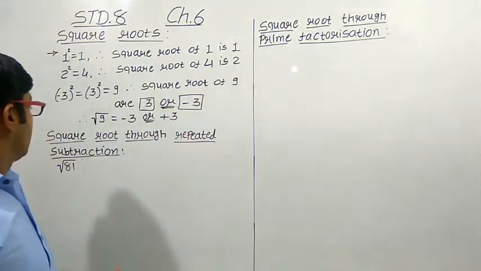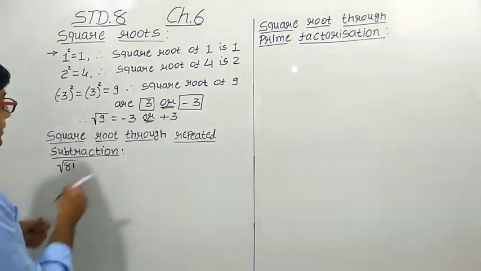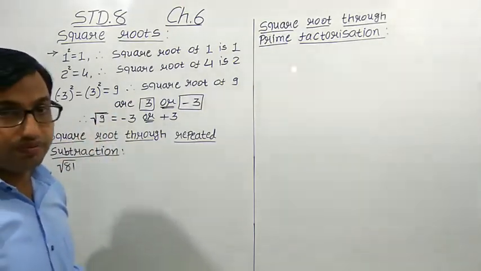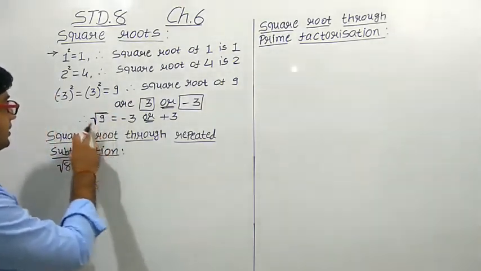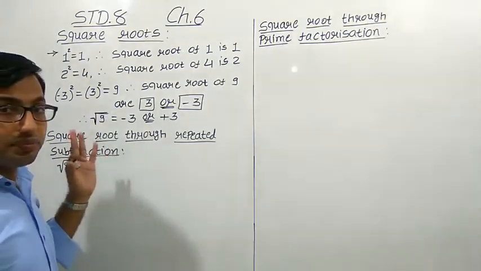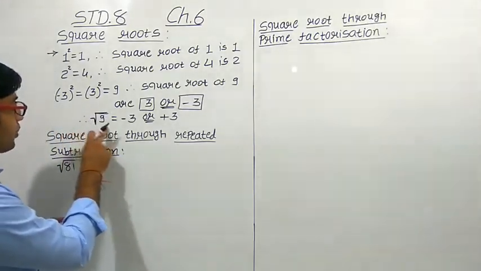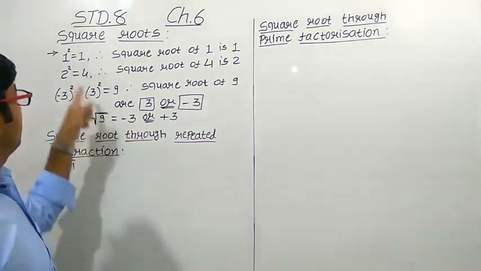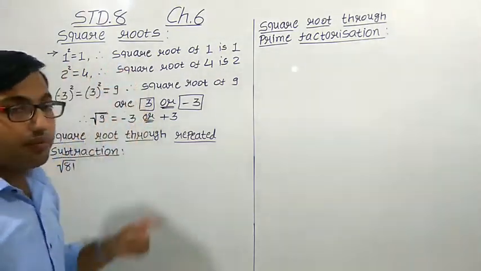Okay, see, this is the sign of the square root. If we put 9 in this sign, then the meaning is to find the square root of 9. So this is what the square root of a number is.